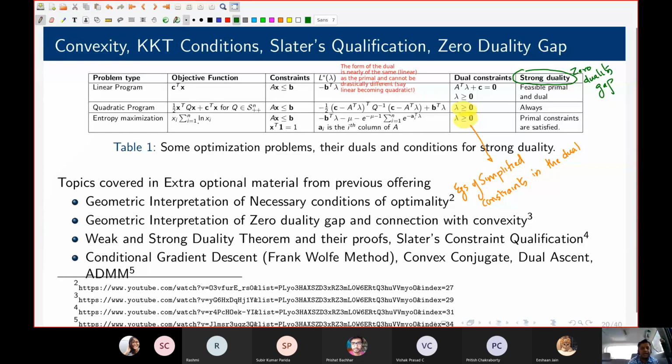Now you have the summation of xi ln xi, but in the dual you have an exponential form. It's similar complexity. The form has changed, and from a computational perspective, it's possible that the dual is more efficient to solve. That's very much possible. So let me just make the point that the forms of the dual and the primal are similar.